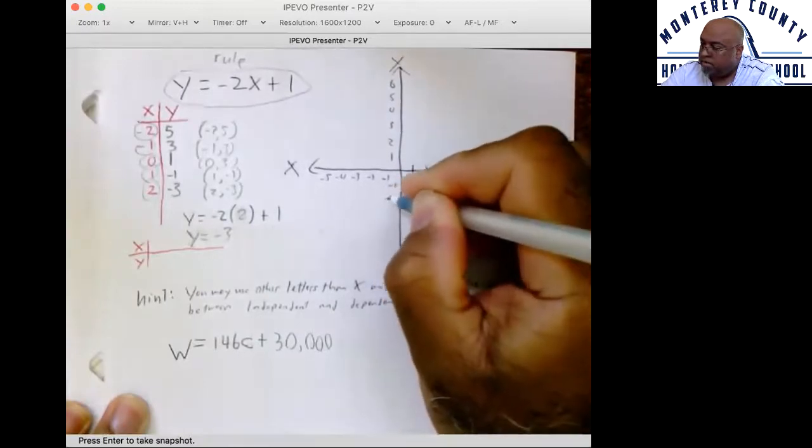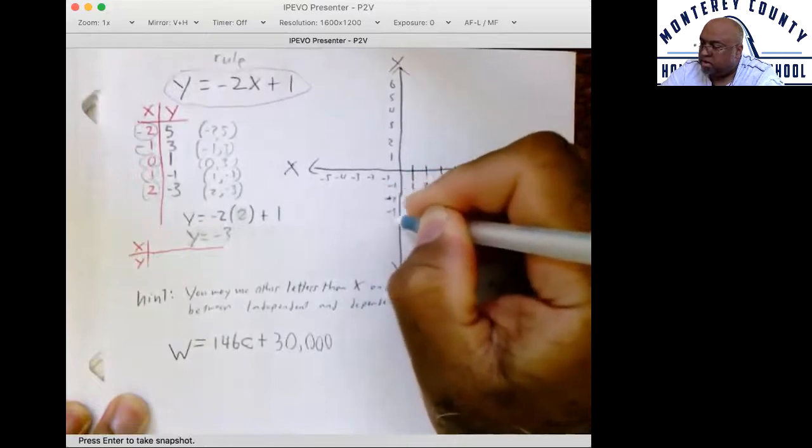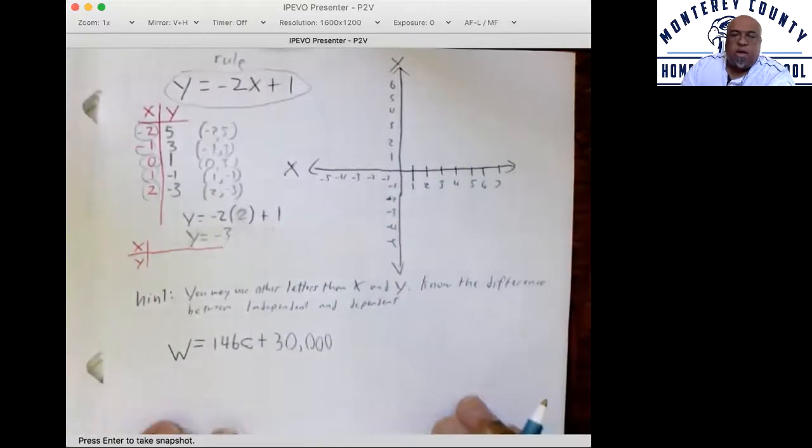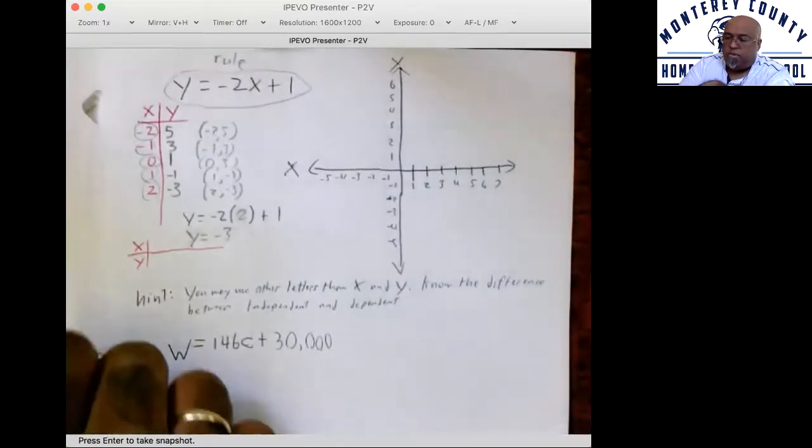Oops, I wrote positive 2, negative 2, negative 3, negative 4, and negative 5. Okay. All right, so now we want to plot our points.